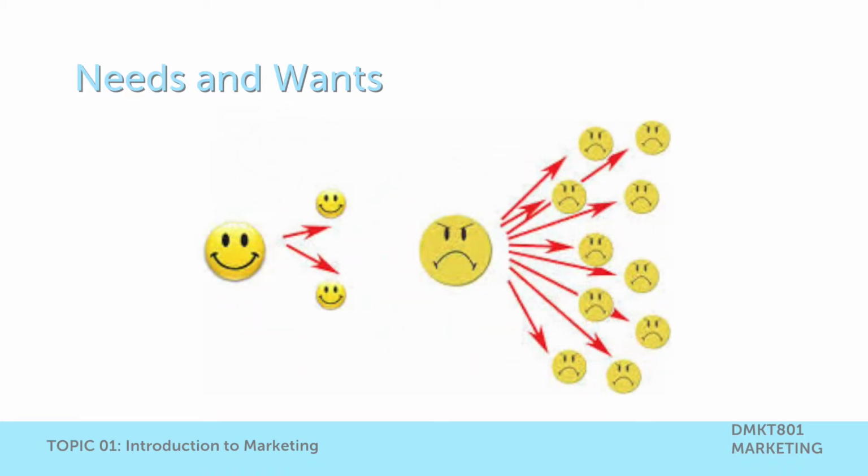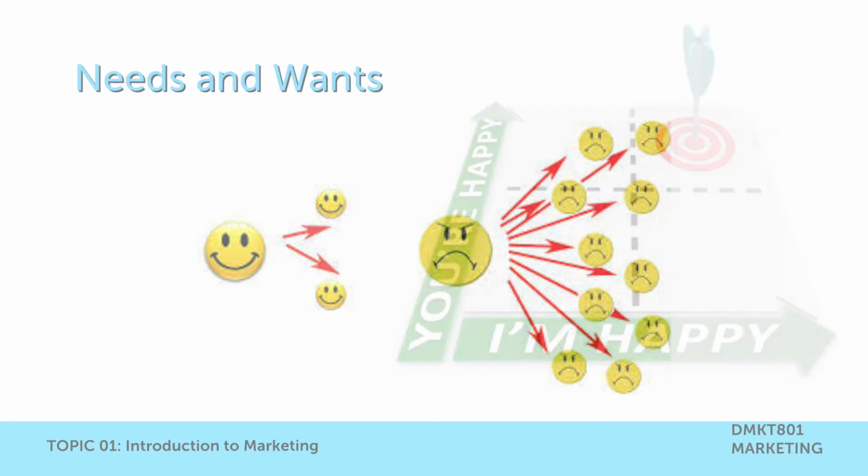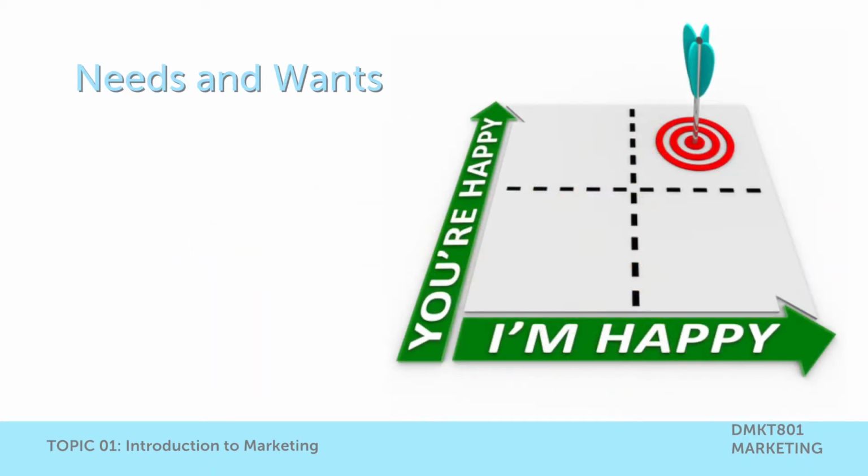Dissatisfied customers often switch to competitors and disparage the product to others. Marketers must be careful to set the right level of expectations. If they set expectations too low, they may satisfy those who buy but fail to attract enough buyers. If they set expectations too high, buyers will be disappointed.